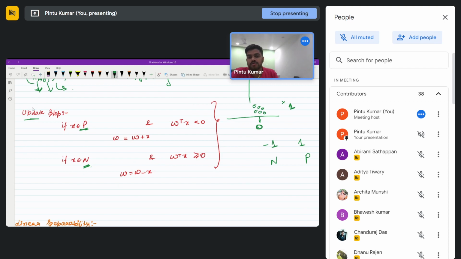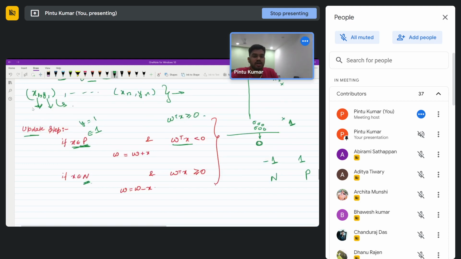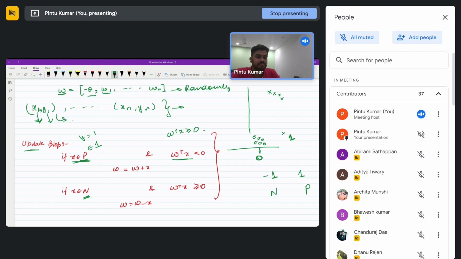So this is my update condition. If my point was from the positive class, that is, y is equal to 1 for this particular point, and there is a misclassification of this point. If it would have been correctly classified, that would have meant that W transpose X is greater than 0. Now this notation, W transpose X, means summation i equal to 0 to n of Wi xi.